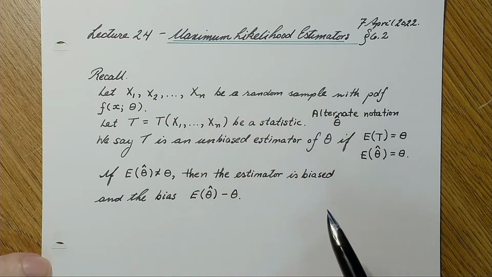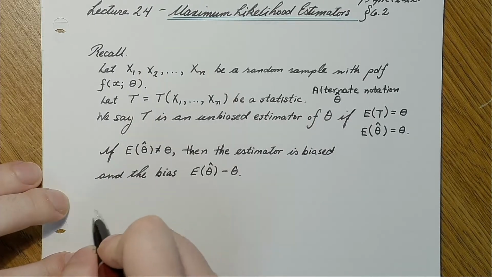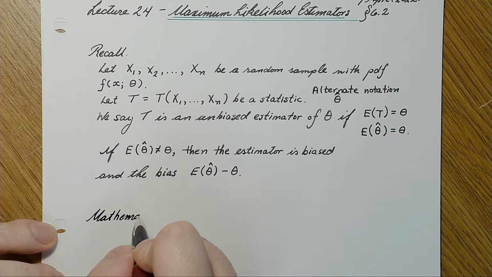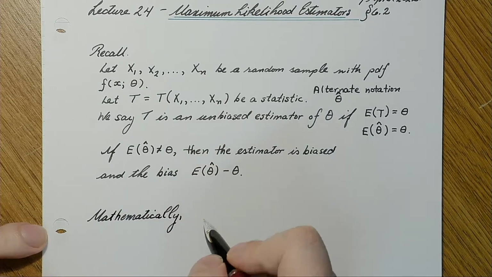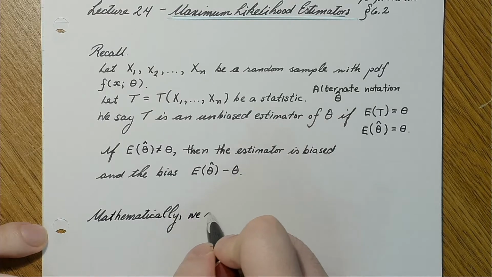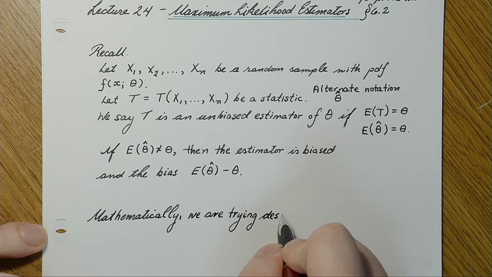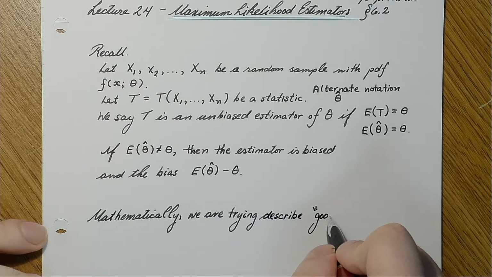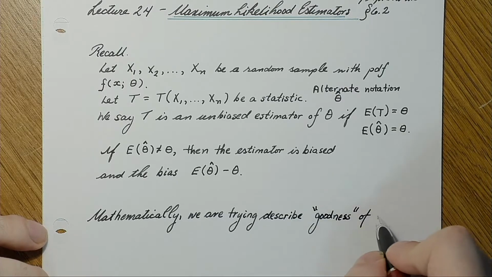So this kind of gave us an idea of what we would like a good estimate to be. This is what we were talking about, trying to define mathematically, what we're trying to do is describe the goodness of an estimator.